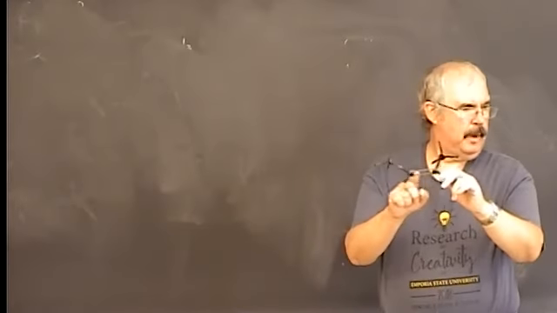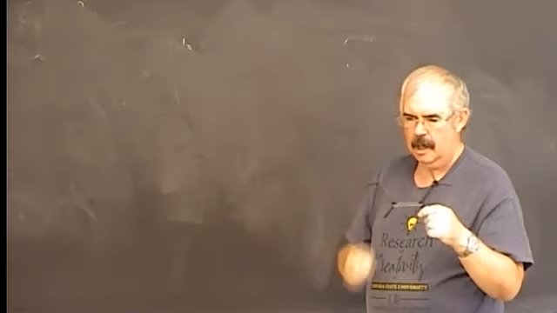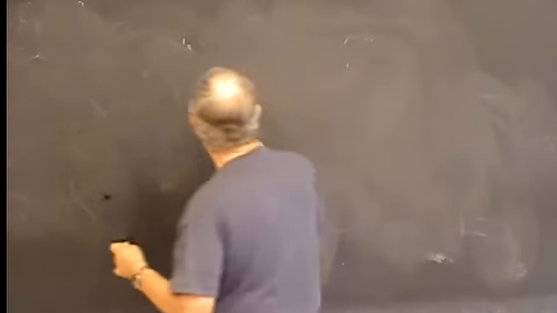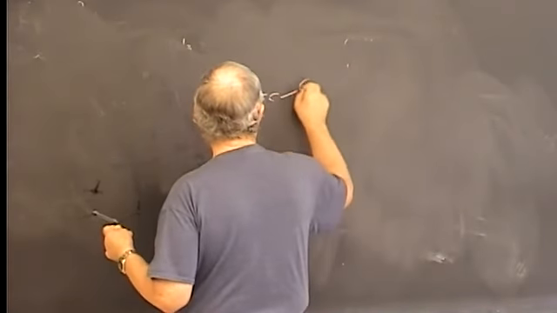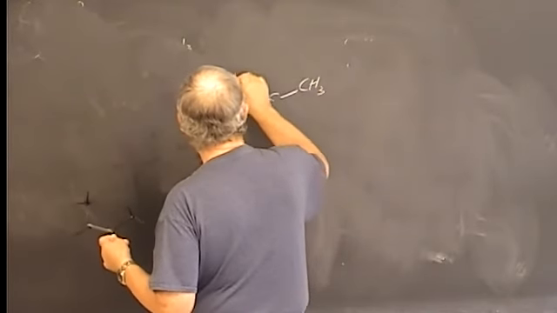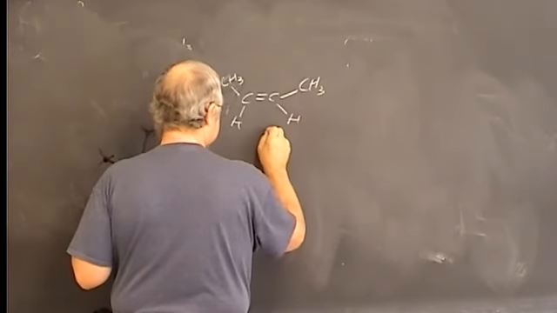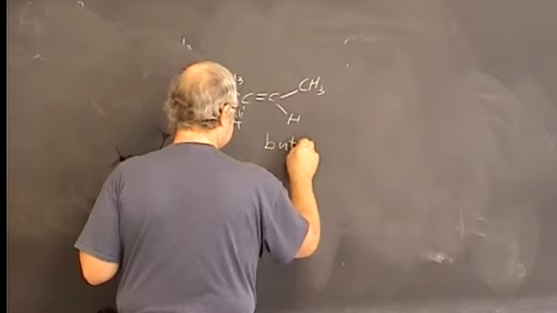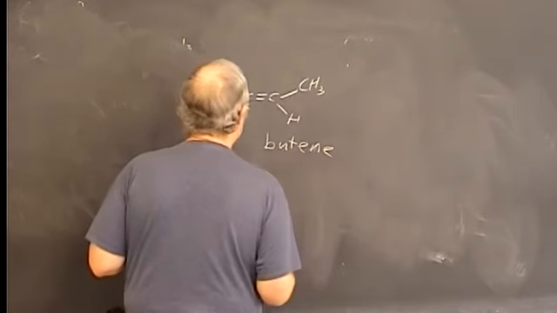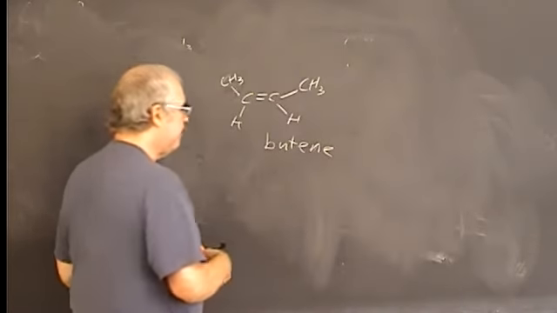So here I have a double bond between the two carbons. I do not have free rotation like I did with the butane. Since this is a chain that consists of 4 carbons, instead of butane, it's now butene. But we do need to specify where the double bond is located.